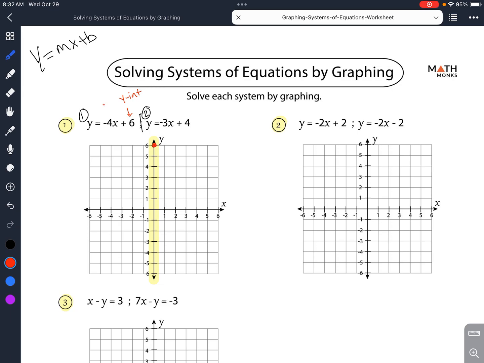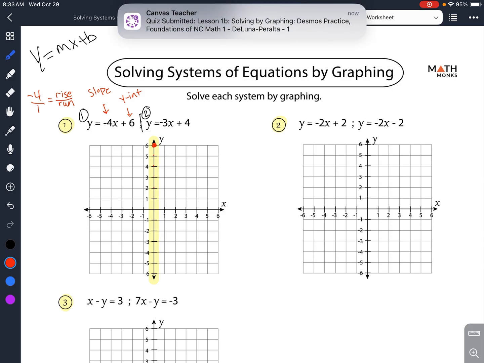And then I'm looking at the slope. So here, my slope is -4, which is the same thing as -4/1, okay? And remember, with slope, we always do rise over run. So because our rise is -4, we're actually going to go down 4. So from 6, we're going to go down 1, 2, 3, 4, and over 1.